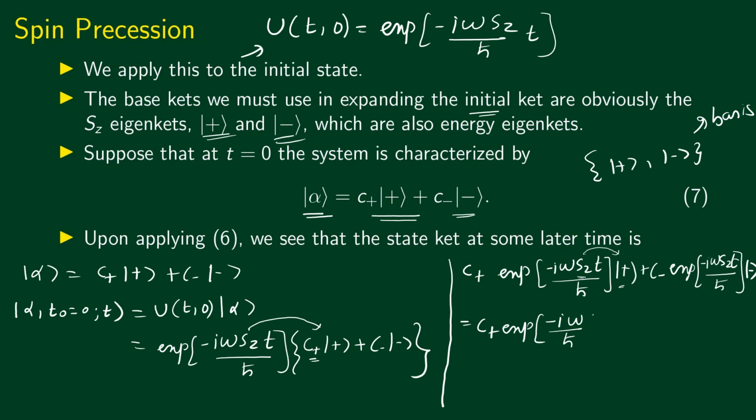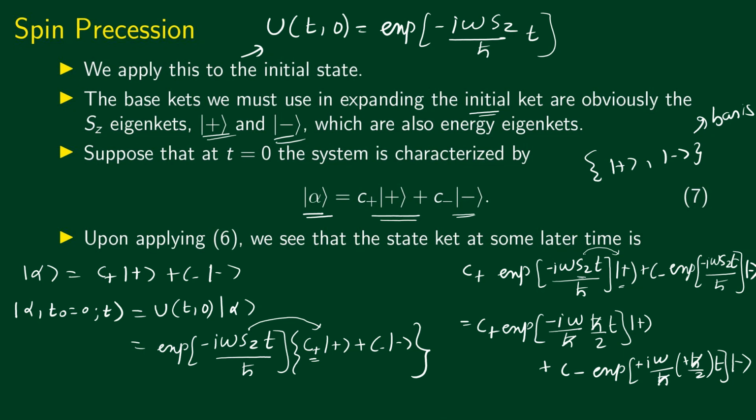So you substitute the eigenvalue plus ħ/2, times t, multiplied by ket plus, plus c minus exp(-iω/ħ). The eigenvalue here is minus ħ/2. You also have the t here, multiplied by ket minus. We see that the ħ and the ħ cancel here, here also. There's a minus here and a minus here.